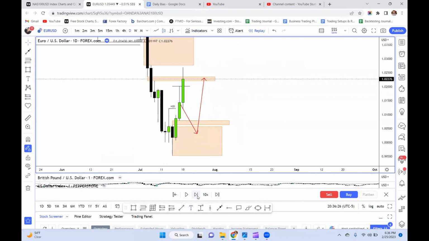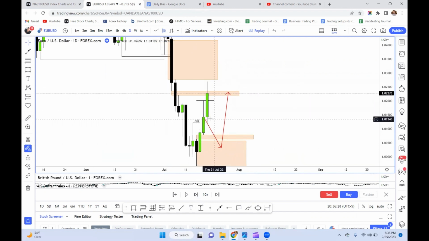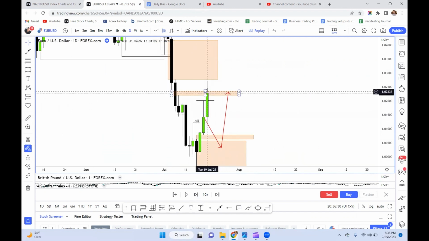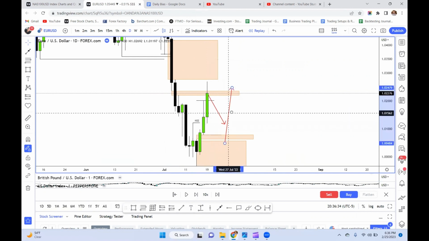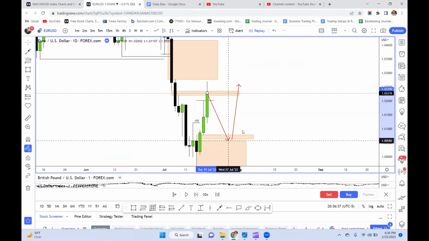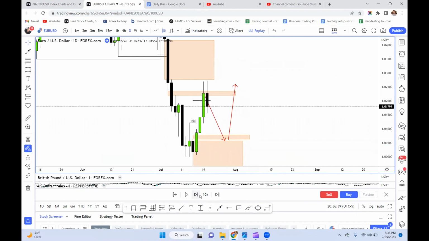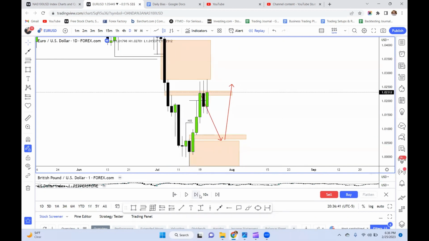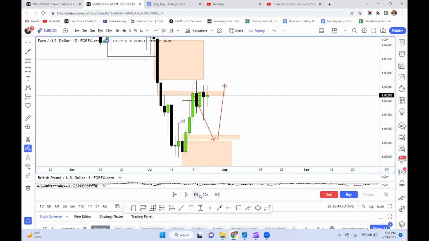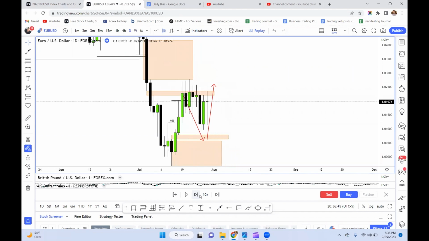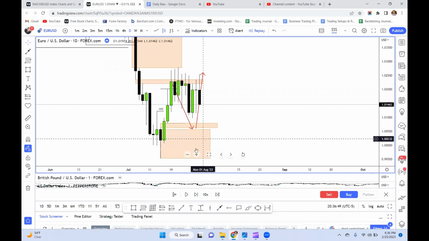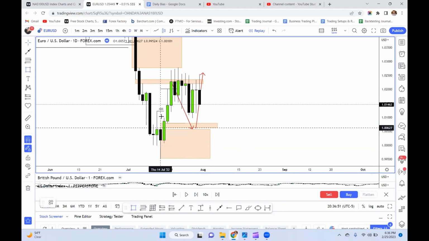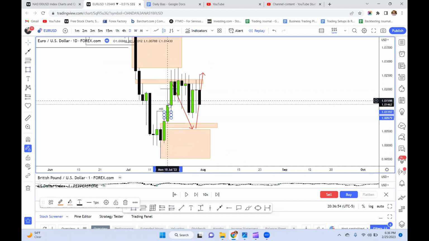Let's see what happens. Okay, so price traded up into that fair value gap. That liquidity was ran. We could possibly see the retracement from here. Okay, so it retraced. What did it retrace down into? Well, there was another fair value gap formed whenever price ran into this fair value gap here.